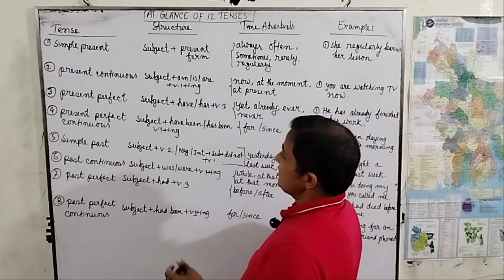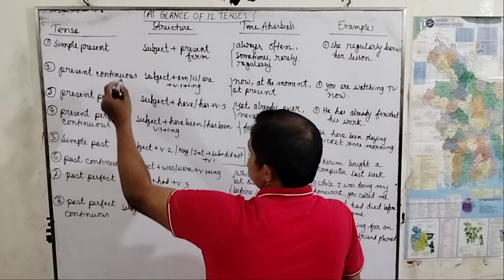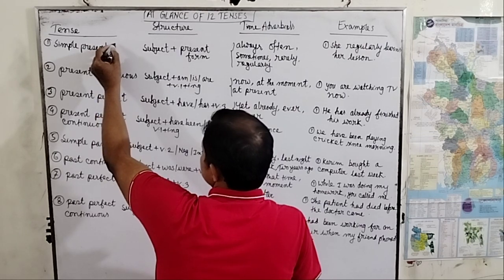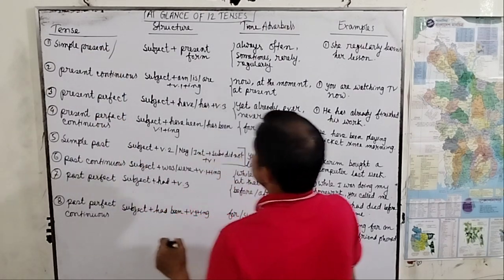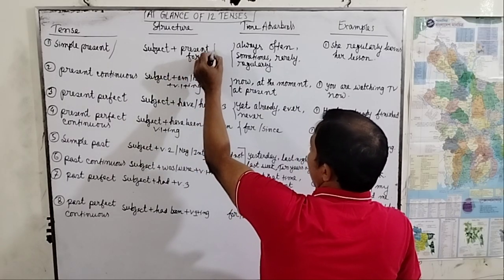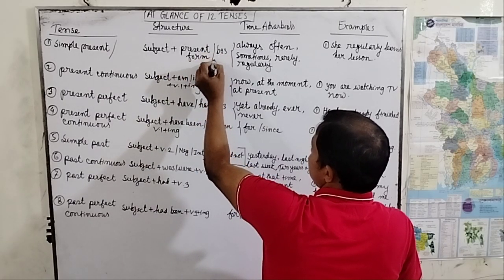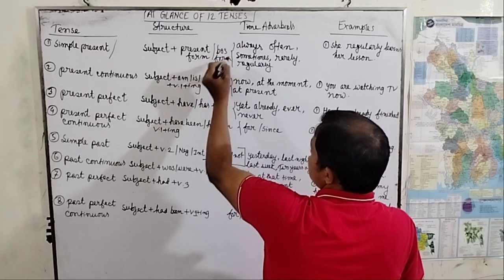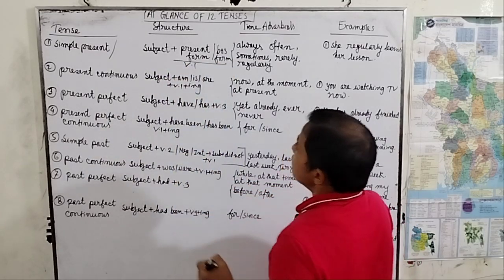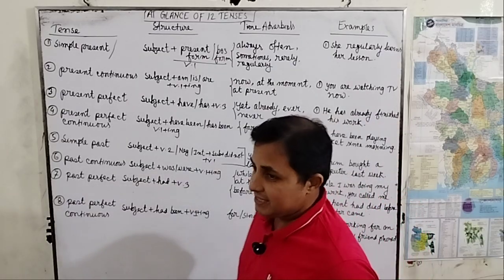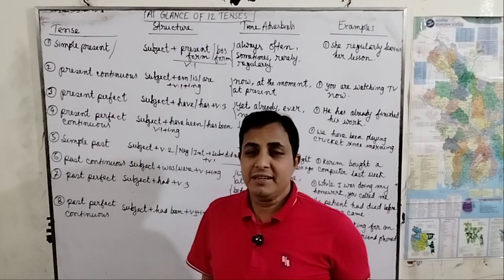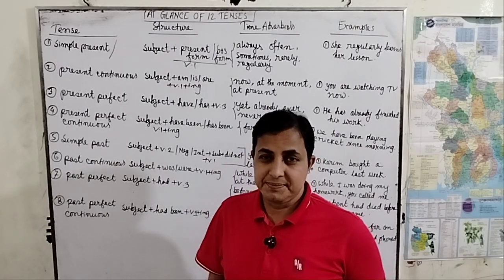Okay, present indefinite or simple present. That means simple present or present indefinite. Structure: subject plus present form or base form. That means, if I would say in brief, V1. First subject, then verb, then necessarily object or others.